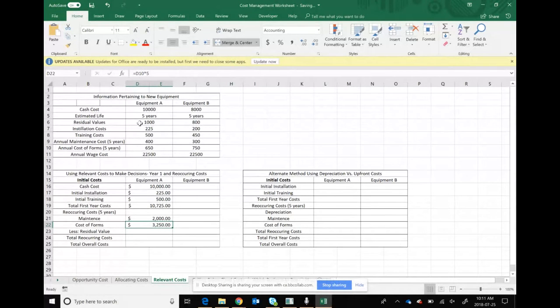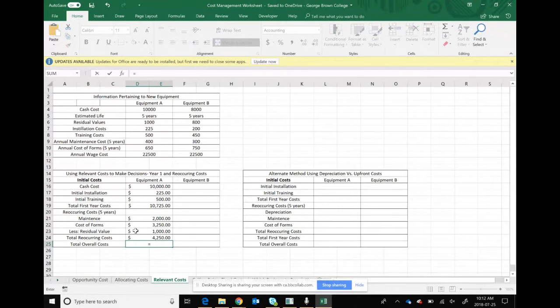Our residual value for machine A is $1,000, for a total recurring cost of the maintenance plus the cost of forms minus the residual value of $4,250 over the course of the next 5 years.